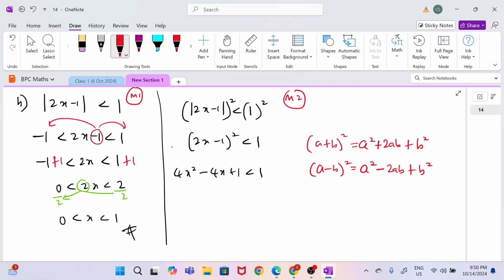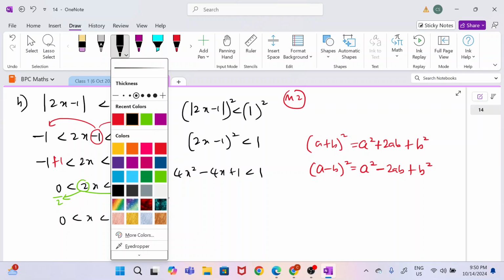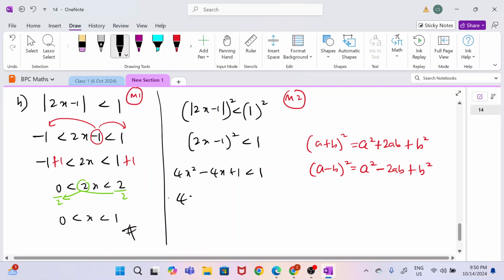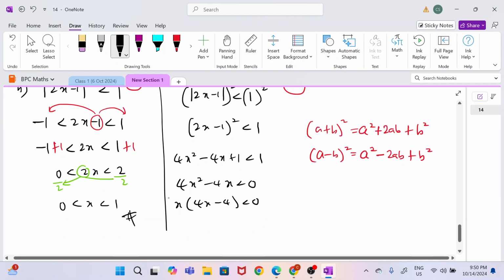Now in this case, I'm continuing here. Now you see it is in the factor form.